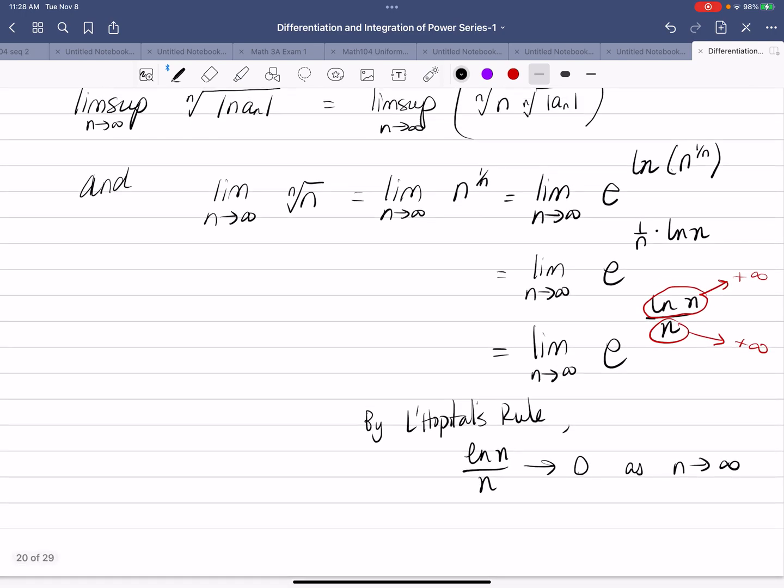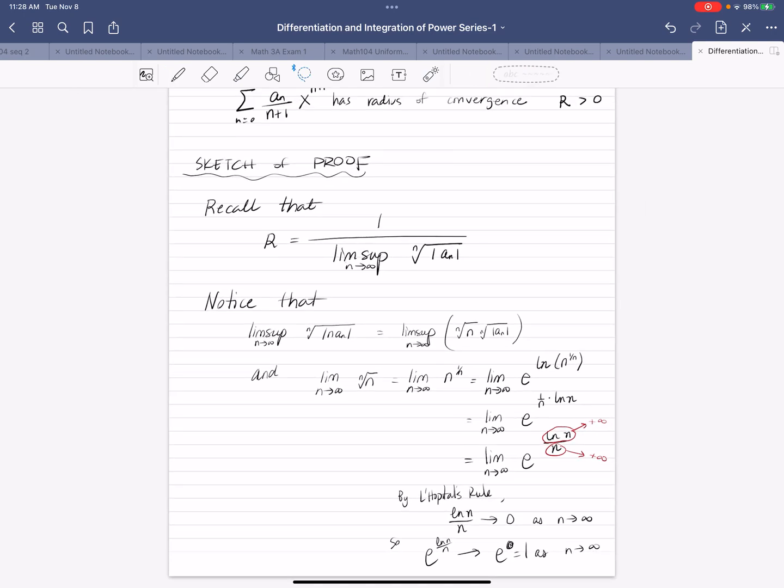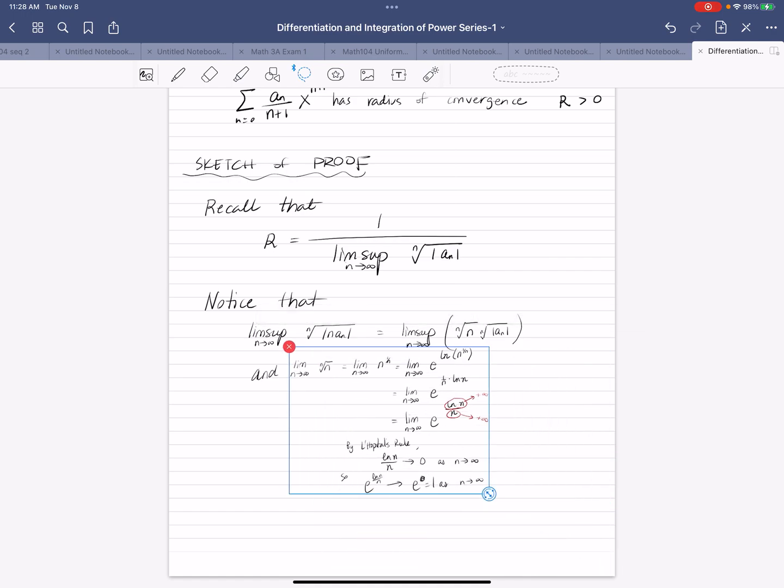So since exponential functions are continuous, e to the ln n over n is going to go to e to the 0 as n goes to infinity, but that's just equal to 1, right? So this was a long-winded way of saying that n to the 1 over n converges to 1 as n goes to infinity.